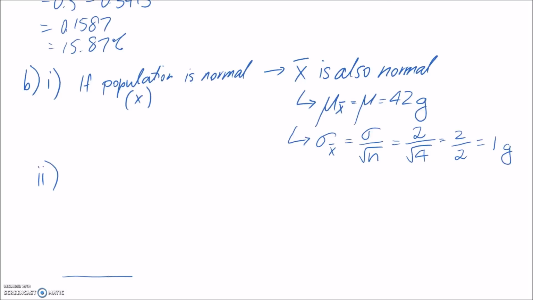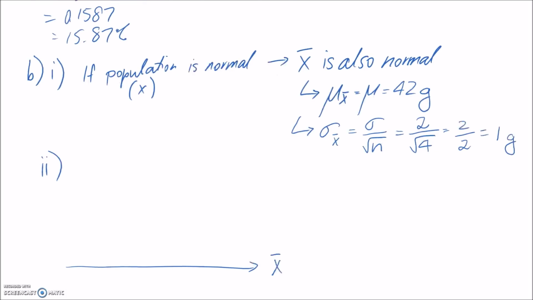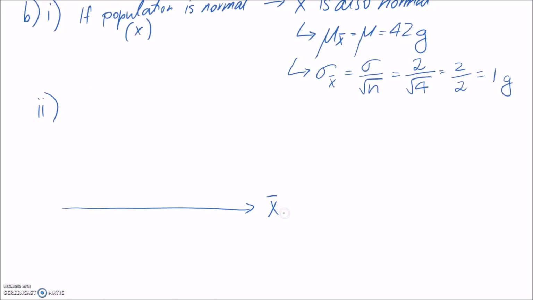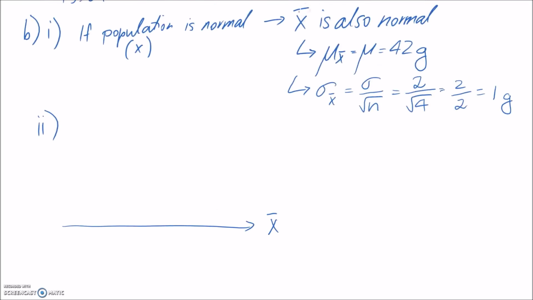So let's start by drawing a diagram. X bar is what's going to go on our horizontal axis this time. And we've just concluded what it looks like. So X bar, it's a normal distribution. And it's got a mean here of 42 as well. But this time the standard deviation is slightly different.